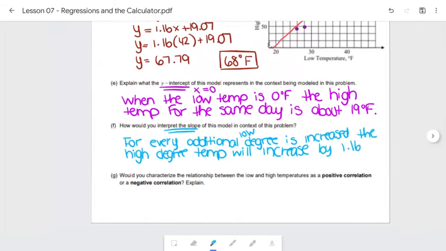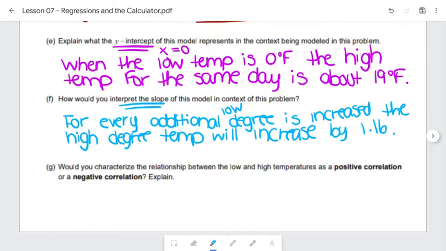I think we said it was. Yep. So I can add my degrees Fahrenheit to that too. So basically, for every additional low degree, so as the x value increases by 1, my y is going to increase by another 1.16.